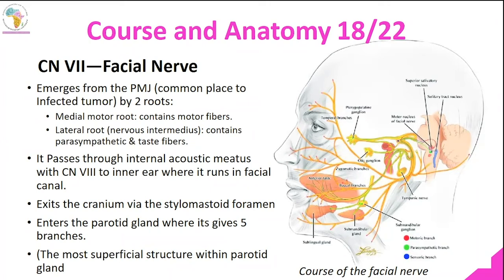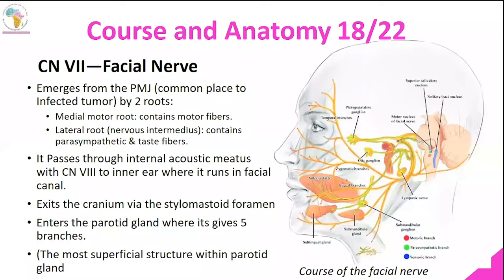So this nerve also originates from the pontomedullary junction, just like the abducens nerve that we've just described. An important thing to notice is that the pontomedullary junction is a common place for infected tumors, and it does originate by two routes. It's also important to note that the facial nerve is both motor and sensory.